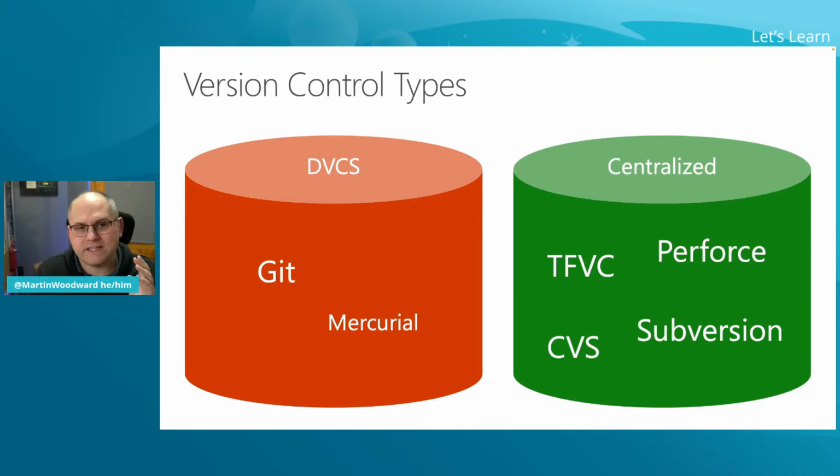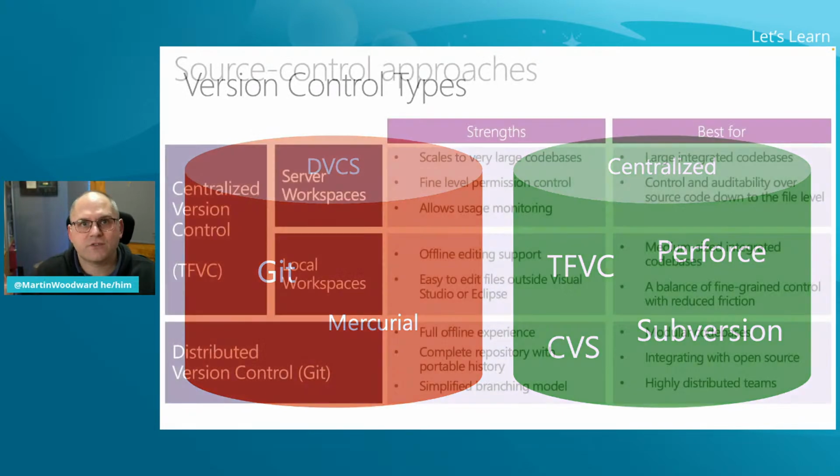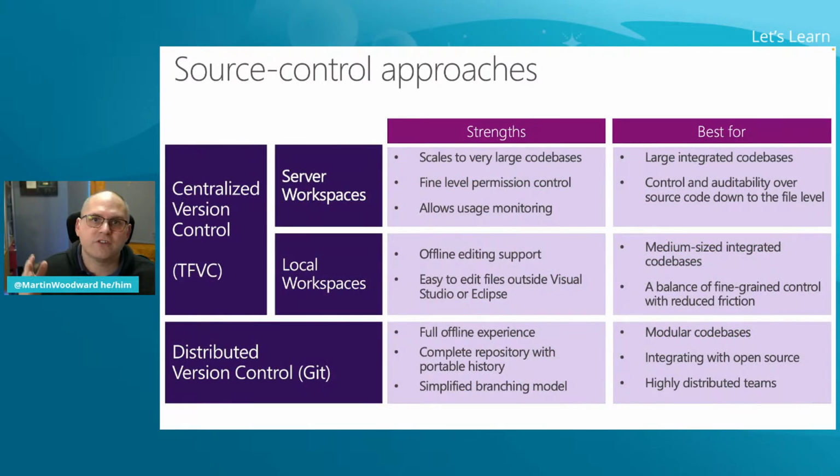Examples of centralized version control would be Subversion, TFVC, which a lot of .NET developers are familiar with, or Perforce, which is still very popular in the gaming industry. And these centralized version control systems have certain advantages and disadvantages compared to a distributed version control tool like Git.